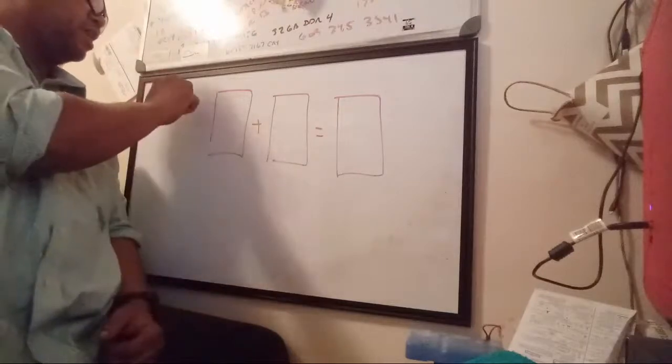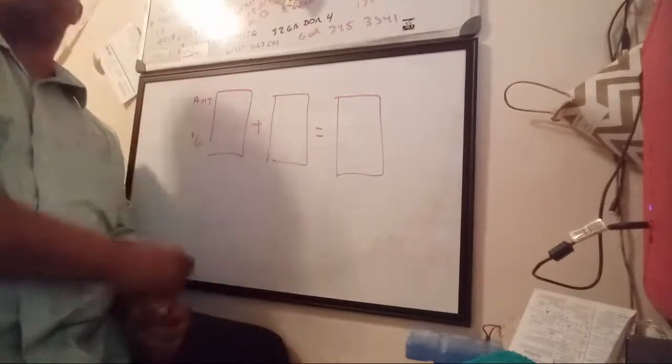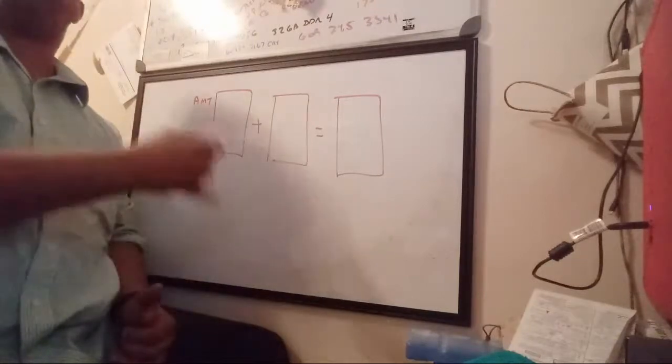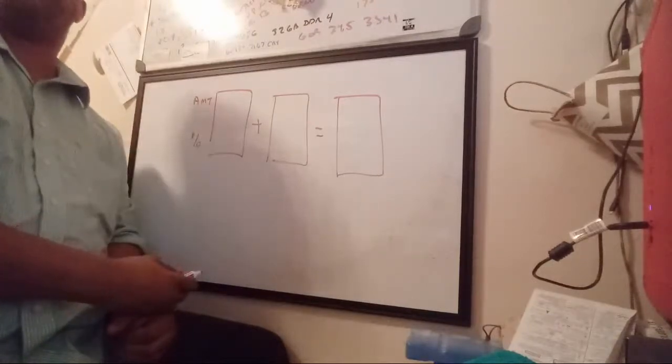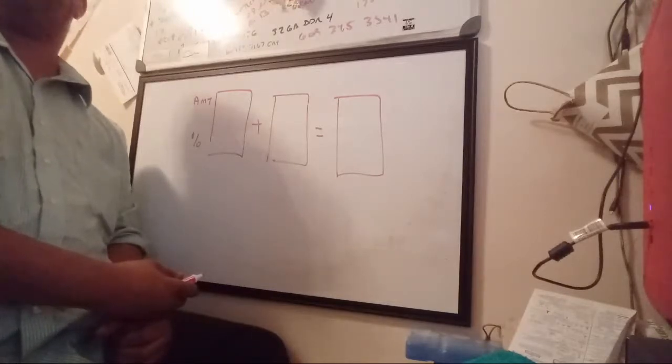The amounts go up top, and the percentages go on the bottom. So how much pure acid is going to be added to this situation?